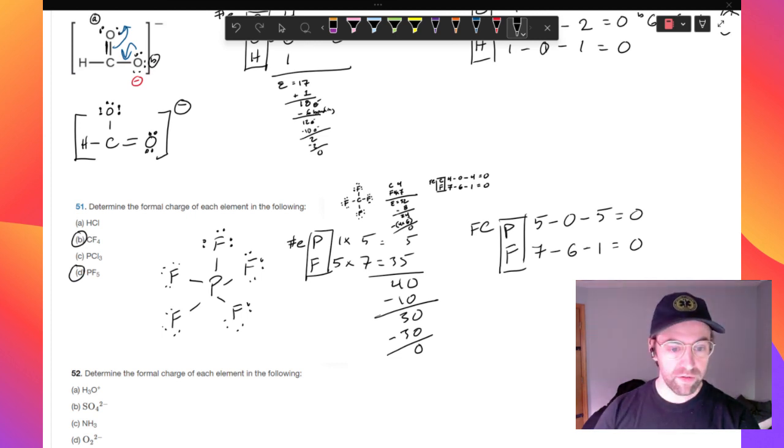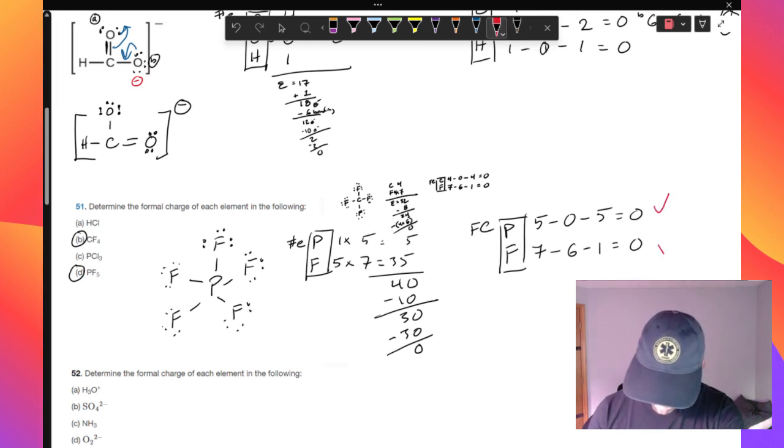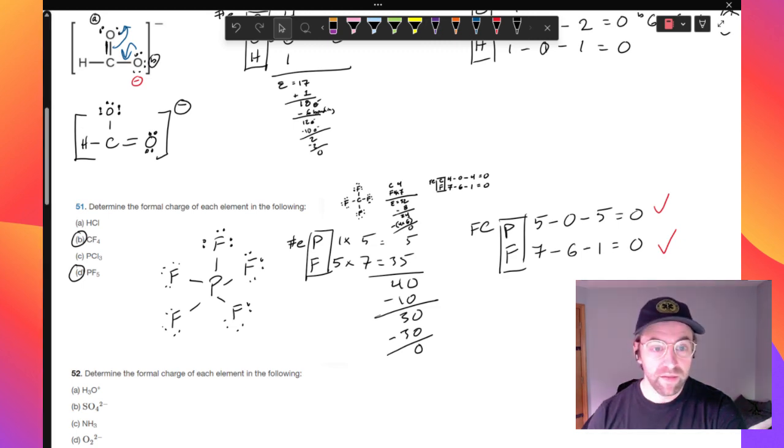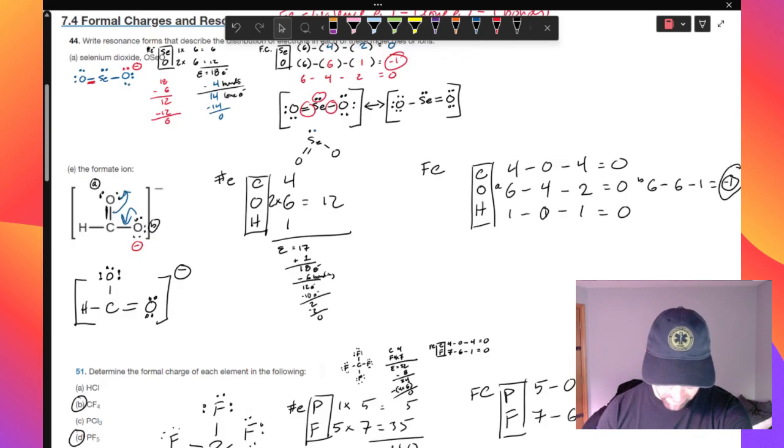We're on 51. D. Yes, we should end up with a formal charge on each of 0. So that is correct. And the same for B. Cool. Feel pretty secure in that.